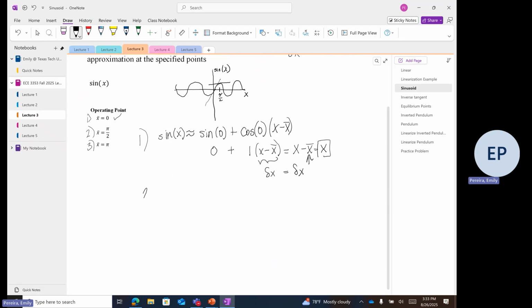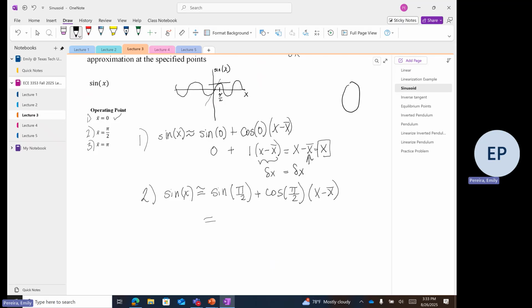Well, let's find out. Now we're going to say sine of x is approximately equal to sine at pi over 2 plus cosine at pi over 2 times our delta x, or rather our x minus x bar. Okay, so sine at pi over 2. Remember, you draw this unit circle.